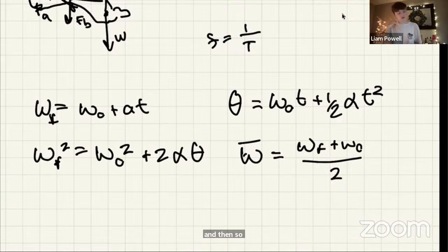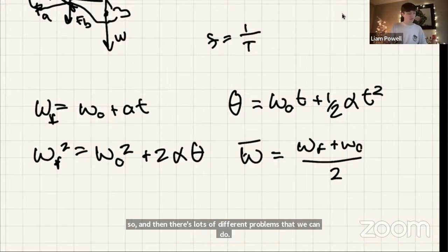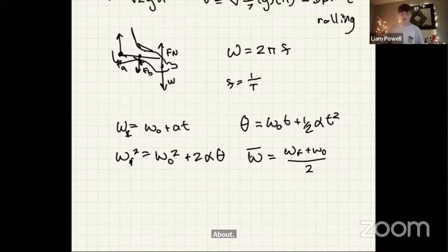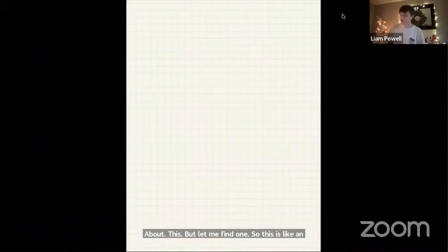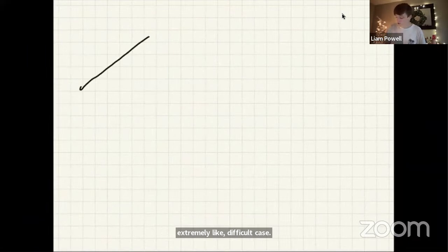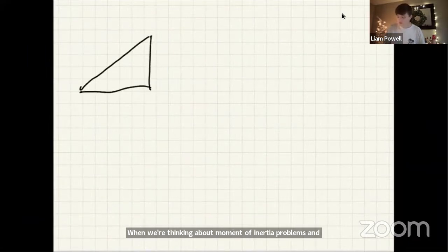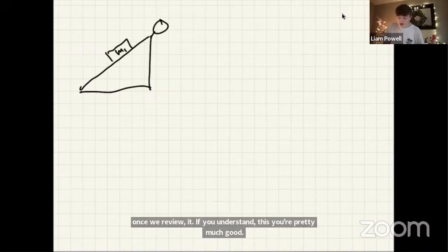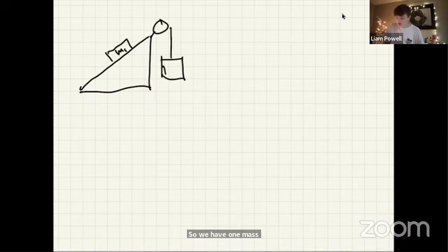There are lots of different problems that we can do about this, but let me find one. So this is like an extremely difficult case when we're thinking about moment of inertia problems. But once we review it, if you understand this, you're pretty much good. So we have one mass and a pulley, but instead of ignoring the pulley, we're going to include it in our calculations now.